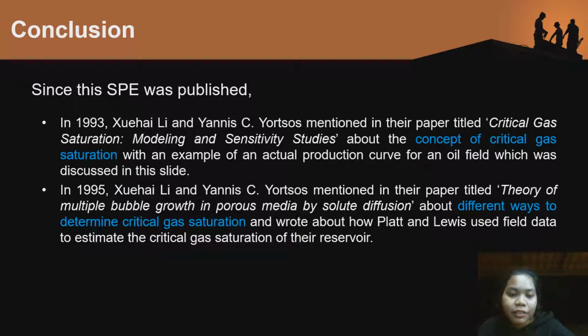In 1995, Zuhair Lee and Yanis Yotsos also mentioned in their paper titled Theory of Multiple Bubble Growth in Porous Media by Solute Diffusion different ways to determine critical gas saturation, and wrote about how Platt and Lewis use field data to estimate the critical gas saturation of their reservoir, which is the Eilenberger field.